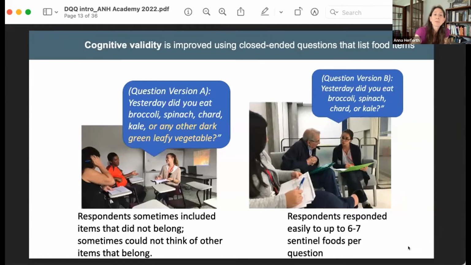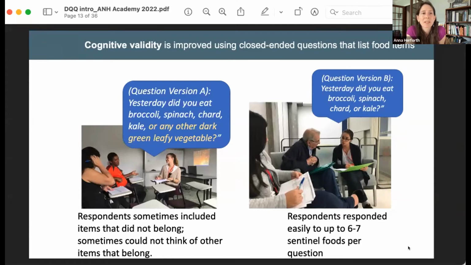And what we found is when we asked these open-ended questions, which had been the suggestions previously, and a lot of people use when they're using a list-based method, what we found is exactly what we saw here, that sometimes respondents don't think of items that belong. They might have different abilities to think about other things that belong in the same group. And also people group foods differently.